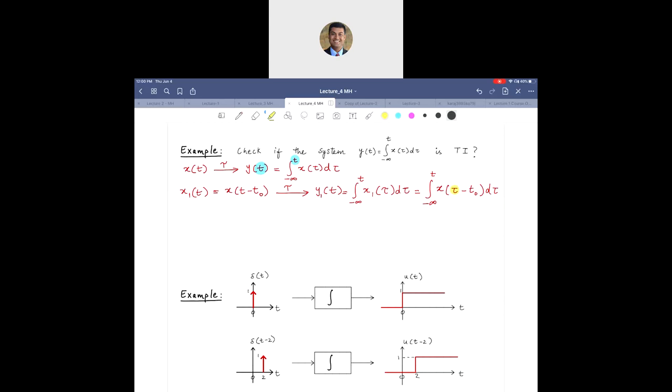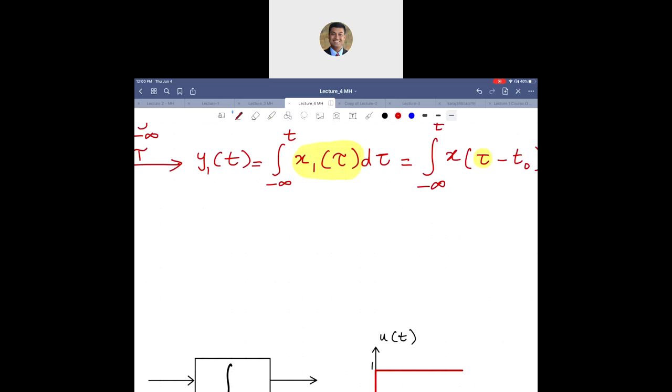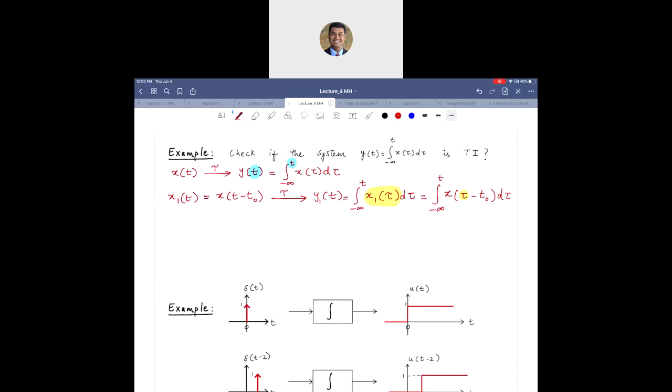So you see, x1 of tau is what? If x1 of t is x of t minus t0, then x1 of tau should be written as x of tau minus t0, which is what we have done over here. So I hope that you guys see that change.